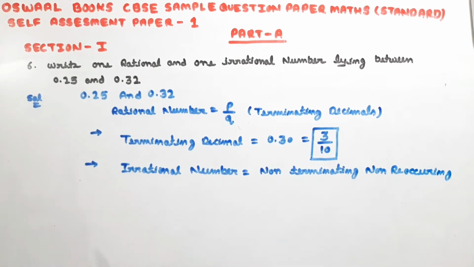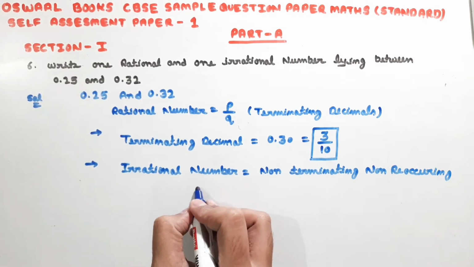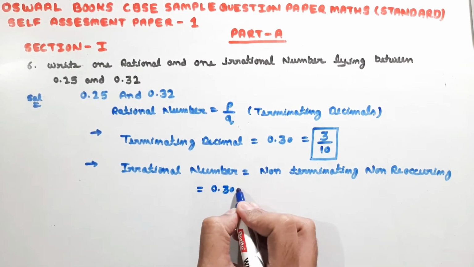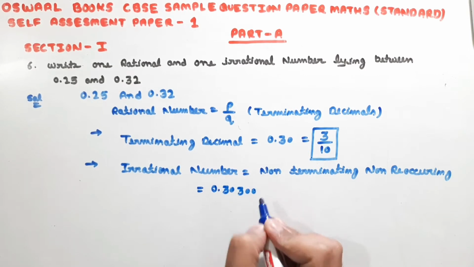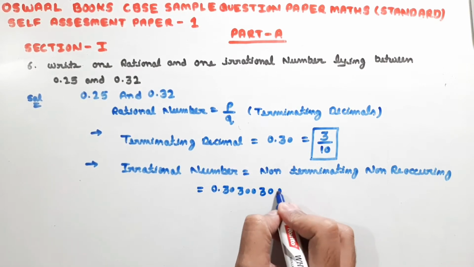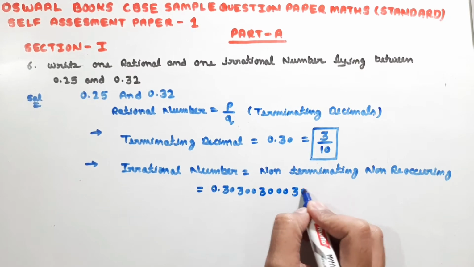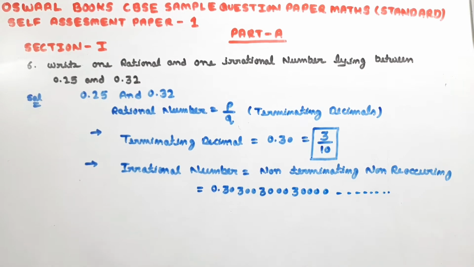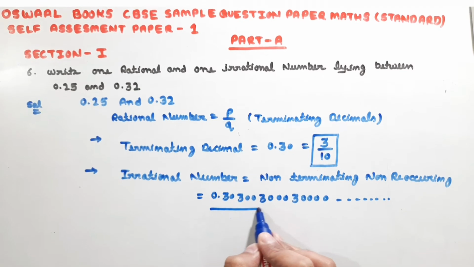So, in between 0.25 and 0.32, a non-terminating, non-recurring number is 0.30300300030003 and so on. So this is a non-terminating, non-recurring number, so this is our irrational number. This is the second answer.